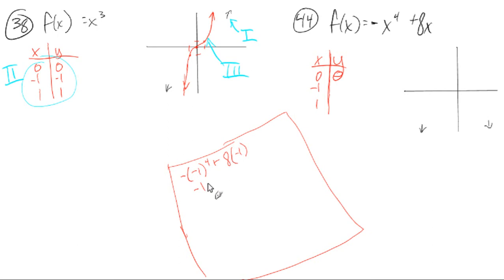Plus 8 times negative 1, that's negative 8, so we got negative 9 here. Alright, so there's negative 9. Let's put a 1 in there. You got negative 1 to the 4th plus 8 times 1, so that'll be a negative 1 plus 8, and so that'll be a positive 7. Let's plot those 3 points: 0, 0; negative 1, negative 9; and 1, 7.